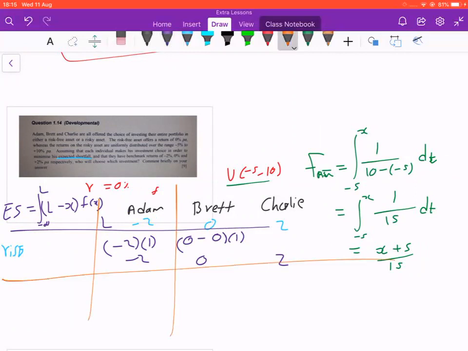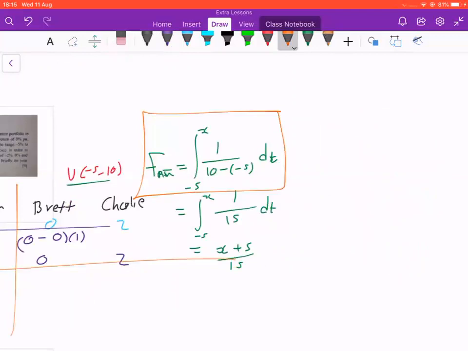Because I had already butchered this distribution, the thing was supposed to be the integral of (L minus x) f(x), and f(x) is going to be 1 over 15. I think I should say f(t) instead.